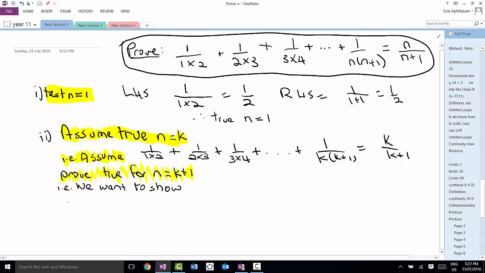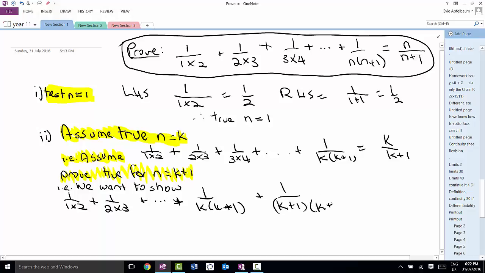We want to show that 1 over 1 times 2 plus 1 over 2 times 3 plus 1 over k times k plus 1 plus the next one along, which is 1 over k plus 1 times k plus 2, is going to be equal to the same formula, but this time with k plus 1 instead of k.